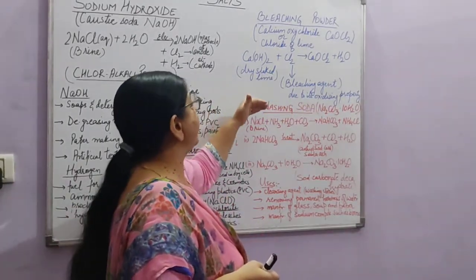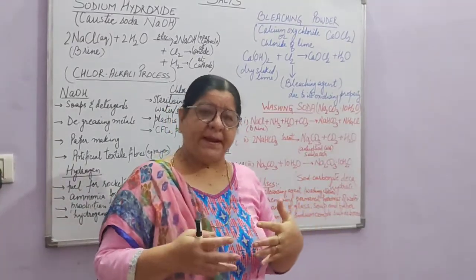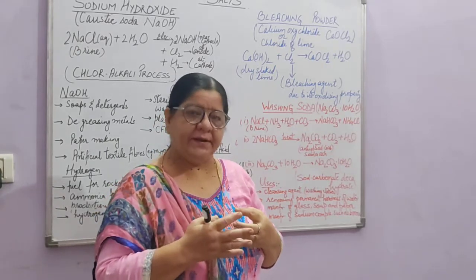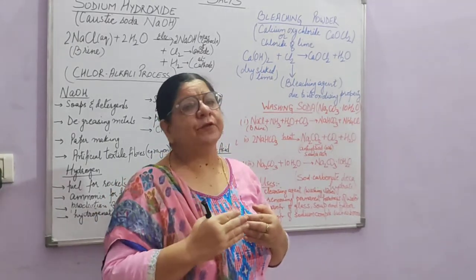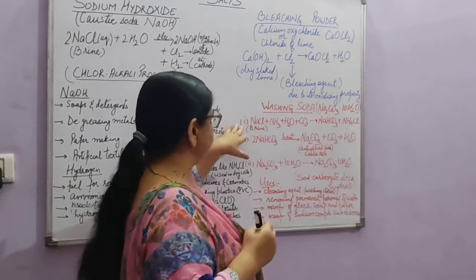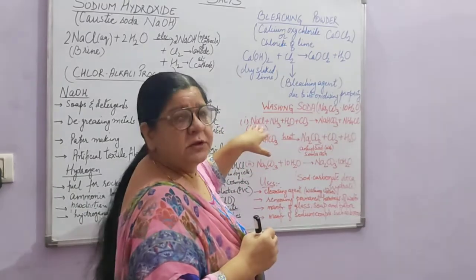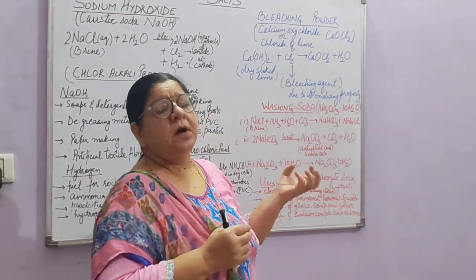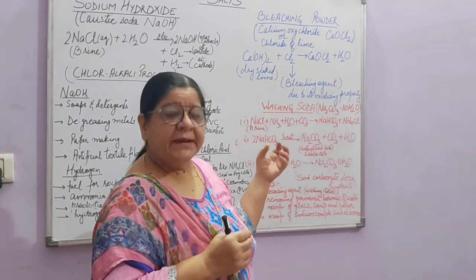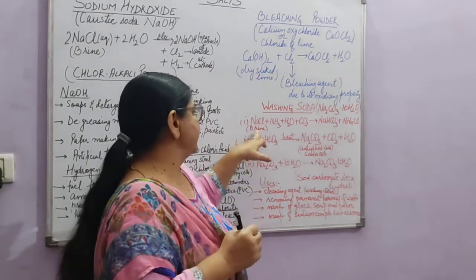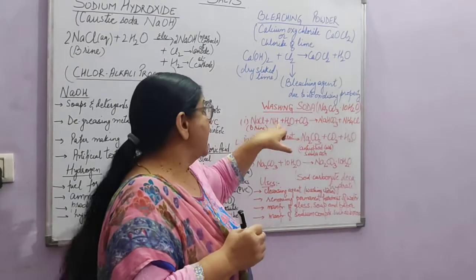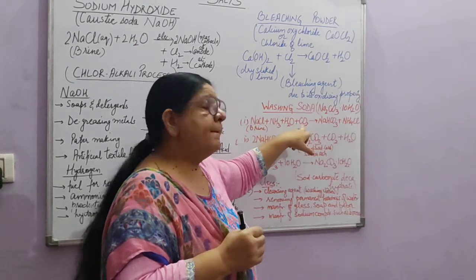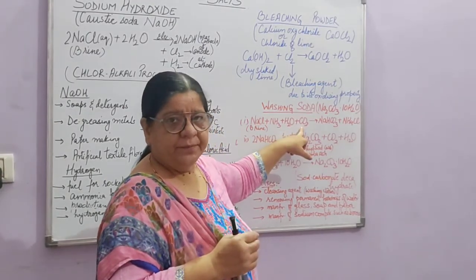Now how is this prepared? This is also prepared by using sodium chloride as the raw material, and it is prepared in 3 steps. The first step is brine. Just now also we talked about brine here. Brine is the concentrated solution of NaCl in the aqueous form. Over this brine, ammonia is passed, combined with carbon dioxide, right?